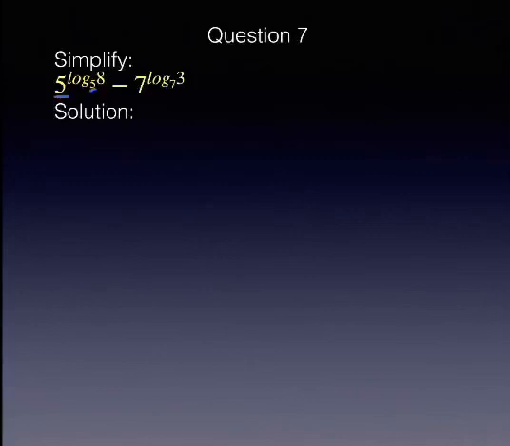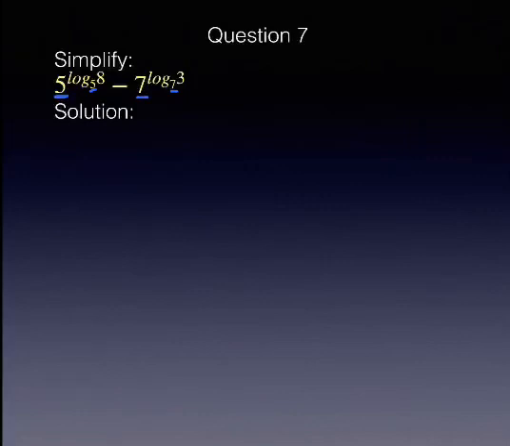Therefore, the outcome there will be the argument, which is 8. Then on this one as well, the base is 7, and the base of the log is also 7. So the outcome will be the argument, which is 3.